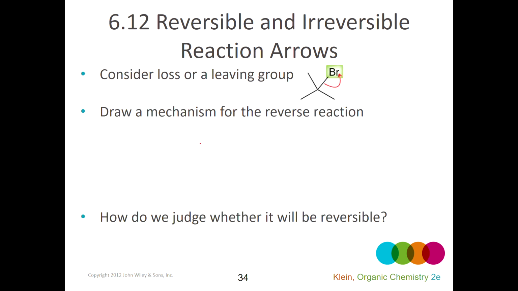Loss of this leaving group. So if that leaving group leaves, I get a carbocation and a Br minus. Is that reasonable? Well, Br minus is really stable as a negative, but this carbocation is really unstable because of the charge and the incomplete noble gas configuration. So that nucleophilic attack to go back would really favor the reactant side.